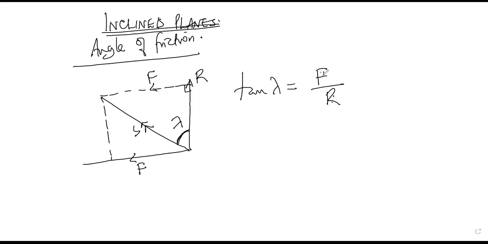Do you remember? F over R is mu. So tan lambda is equal to mu.